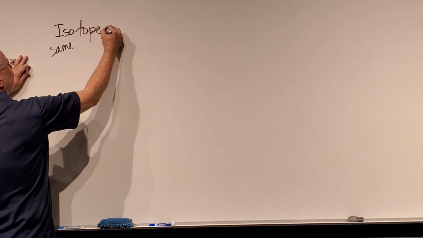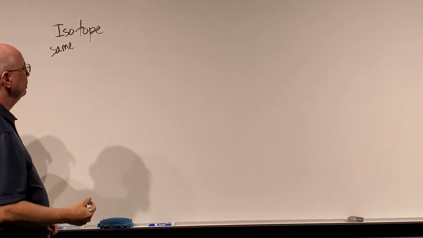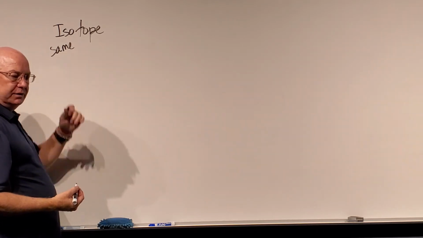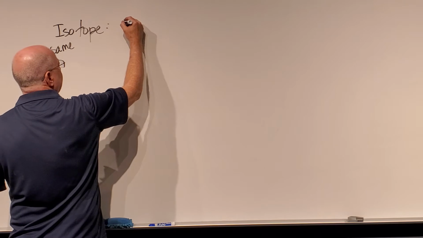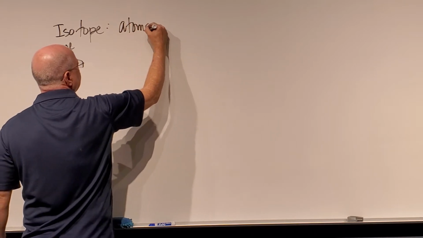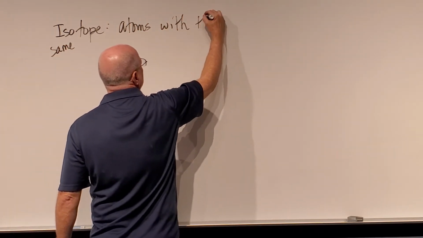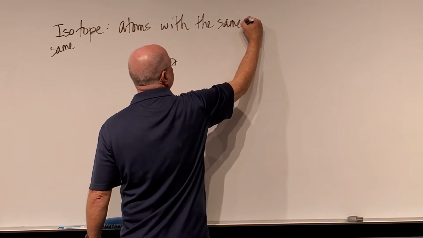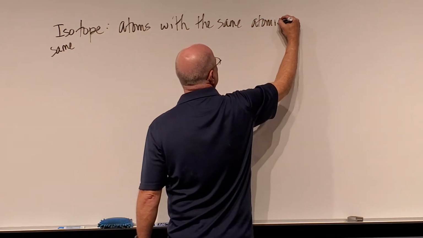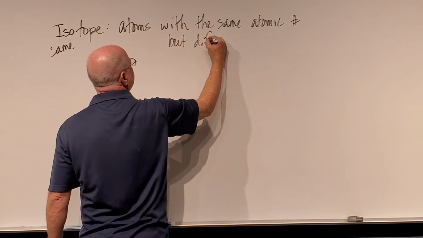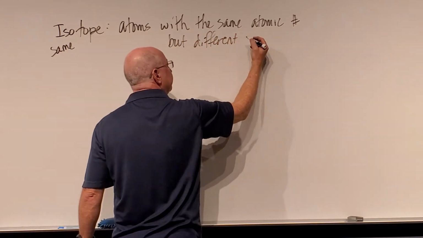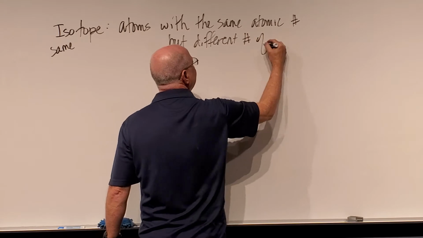And tope refers to topography or layout. So the same layout, when we have an isotope, isotopes are atoms with the same atomic number but different number of neutrons.